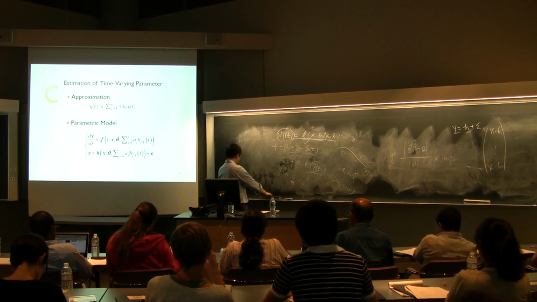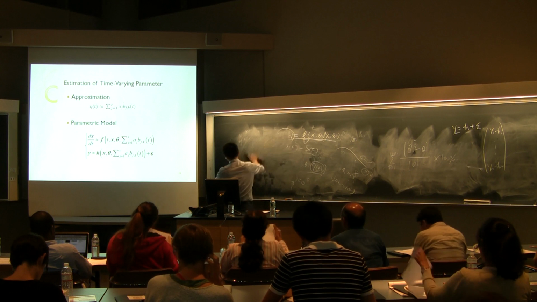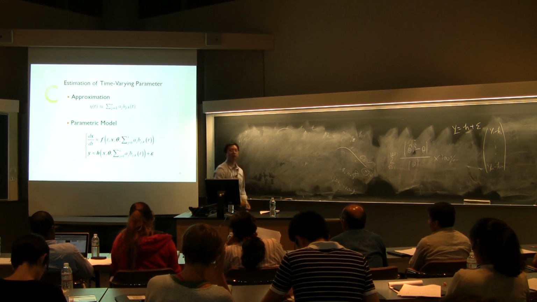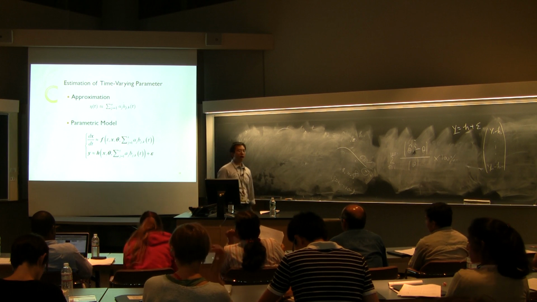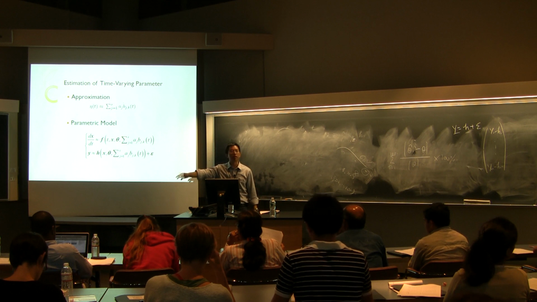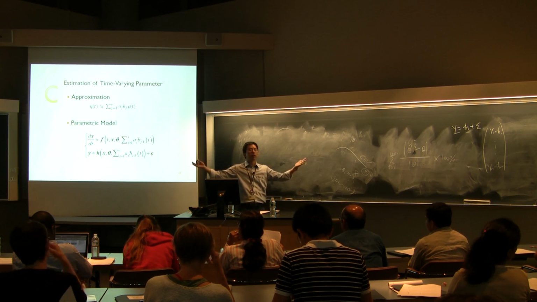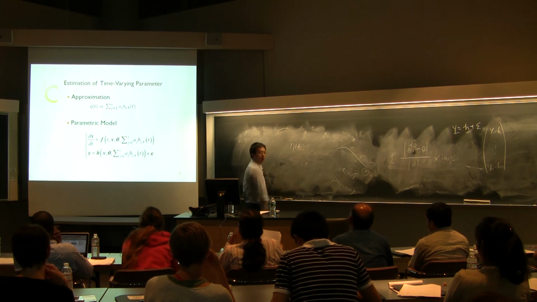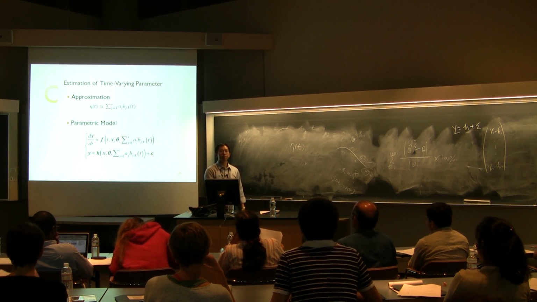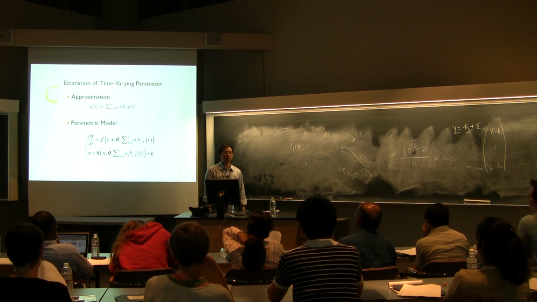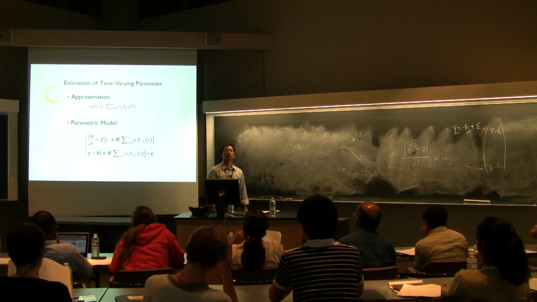So now, after we're done with the identifiability analysis, the next thing is that we want to do parameter estimation. Since we are not imposing any constraints on the shape of the time-varying parameter, how do we actually estimate it? It can be an arbitrary shape, right? And it's infinite dimensional, because there are an infinite number of points on a curve.